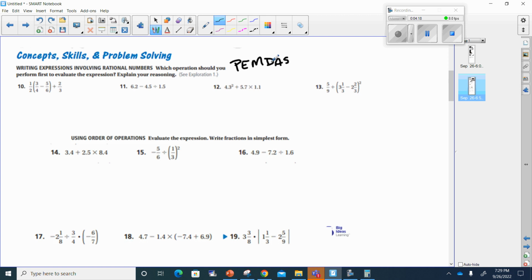Then multiplication and division. I see a division sign here. So which operation should I perform first? Division. And I should perform, this would be -4.5 divided by 1.5.